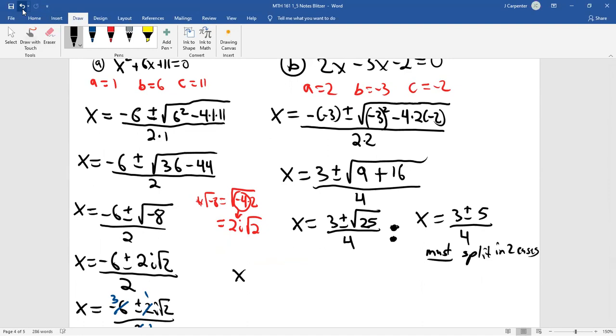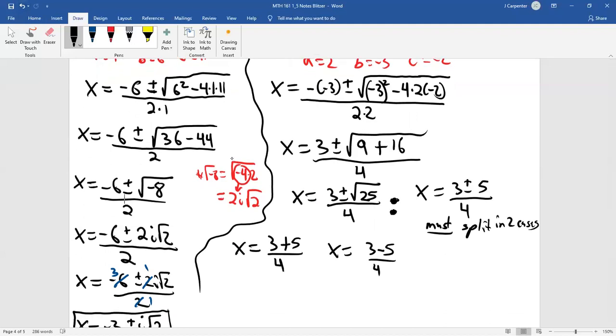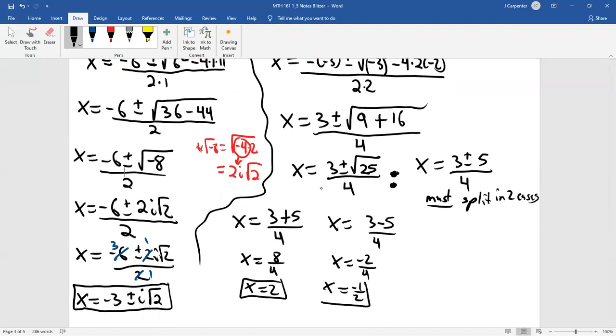So you'll go x equals 3 plus 5 over 4, and you'll go x equals 3 minus 5 over 4, or a comma to separate them, whichever. 3 plus 5 is going to be 8, so that's x equals 8 over 4, which is 2, so that's one of the answers. 3 minus 5 is -2, so that's -2 over 4, which must reduce to -1/2. So there are our two answers.